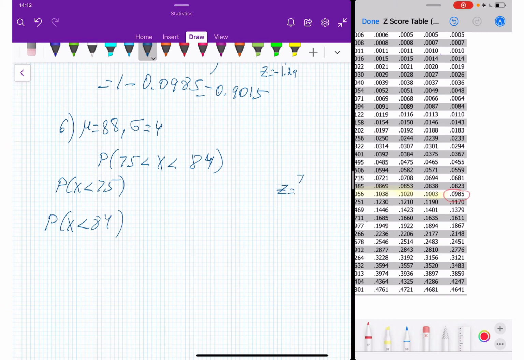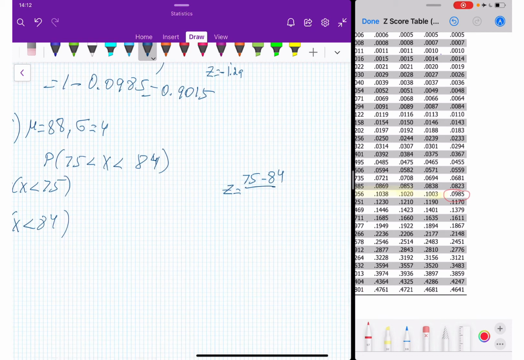z-score is equal 75 minus 88, the average, over standard deviation, which is 4. So 75 minus 88 is going to be negative 13 over 4.